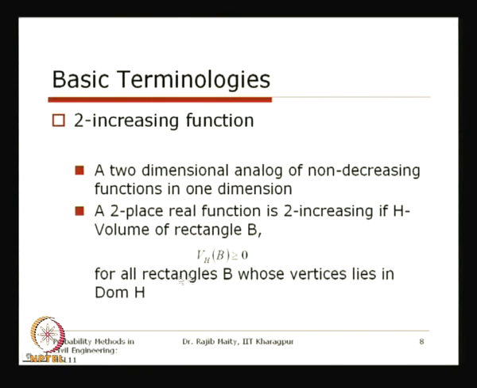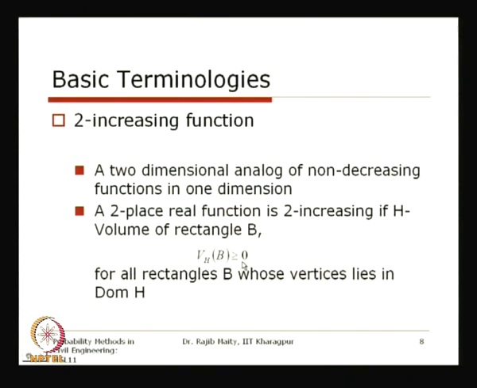That we will see, and this should be valid for all rectangles B whose vertices lie in the domain of H. The domain, we have seen, is the domain of the C, which is within the 0 1 and 0 1 bound, and in this domain we can identify a rectangle, and that H volume should be greater than or equal to 0 to satisfy the condition that the function is 2-increasing.